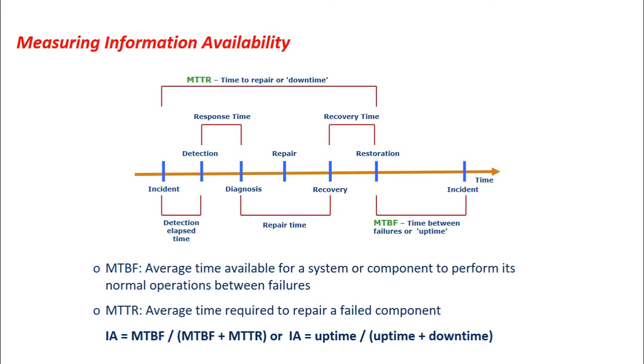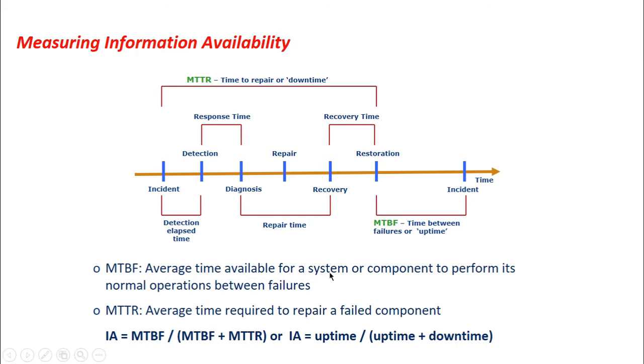Now, information availability is the time period during which a system is in a condition to perform its intended function upon demand. It can be expressed in terms of system uptime and downtime and measured as a percentage of the system uptime.